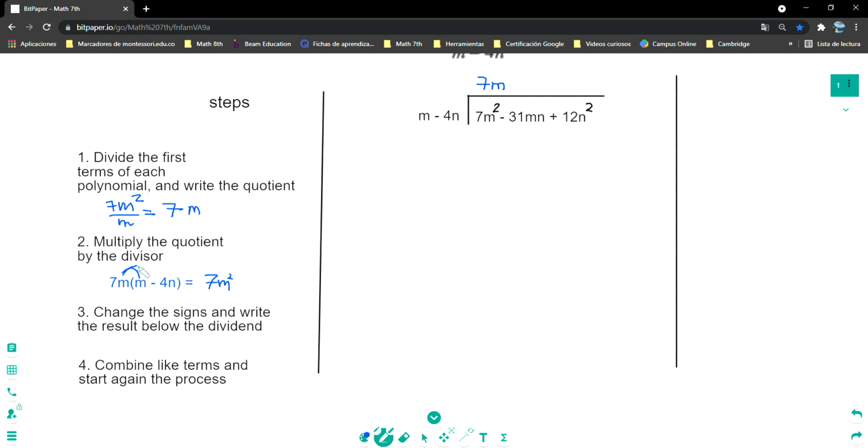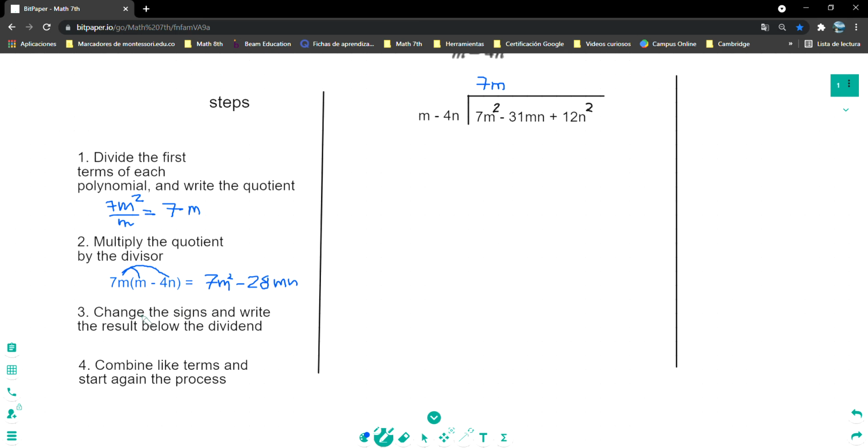And then we multiply 7m times minus 4n. Remember that when we have two variables, we write them together. So that will be minus 28mn. Alright, so we already have the multiplication result.